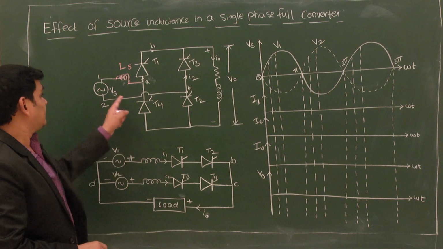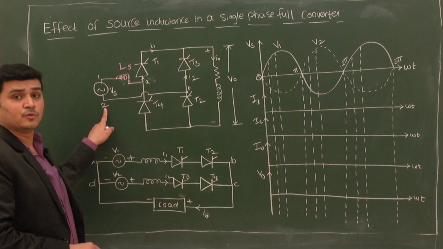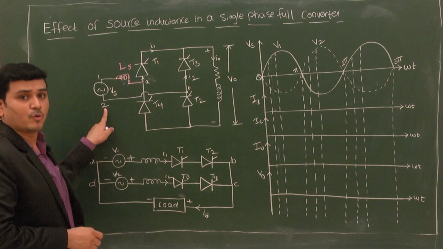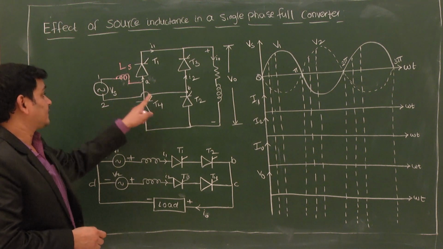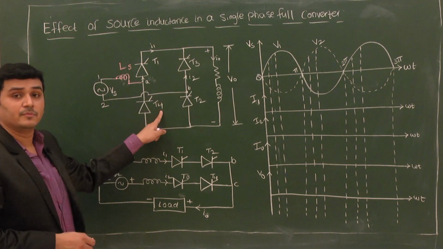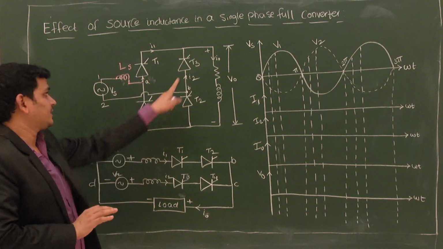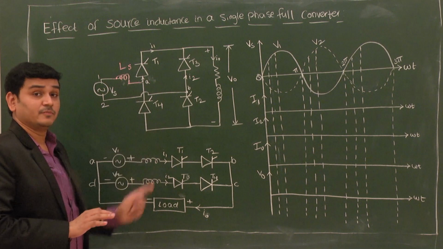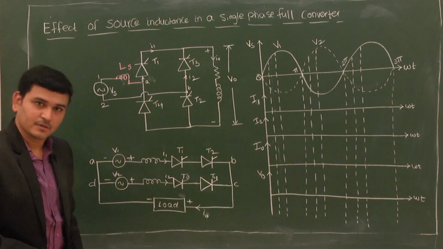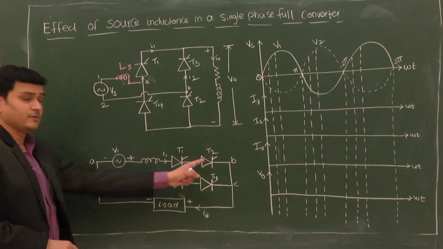Similarly, when terminal 2 is positive, the thyristors T3 and T4 will be conducting whenever you provide the gate pulse. So this is the equivalent circuit.